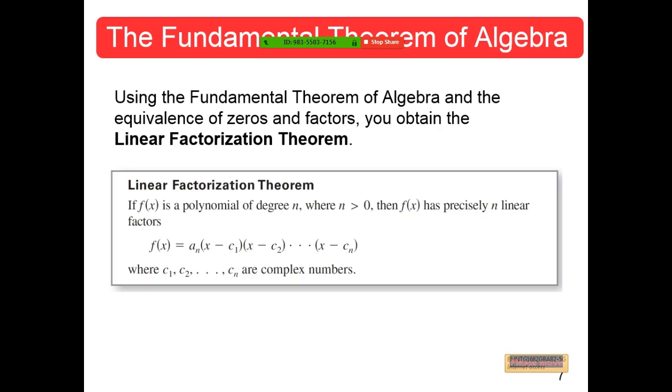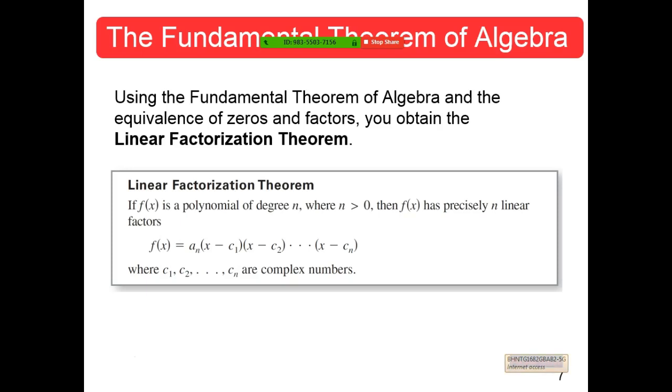Okay? But now those c's that you see there are not necessarily real numbers. Many of them may be. In fact, all of them may be. Or most of them may be. But it could be that they're all complex numbers with imaginary components. And remember back when I said that quadratic equation that had no real zeros?